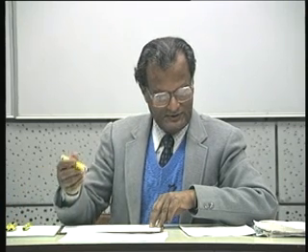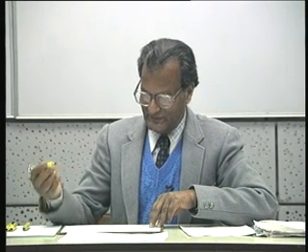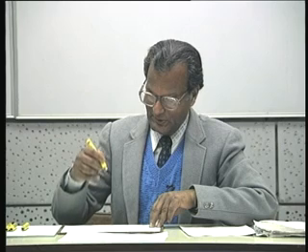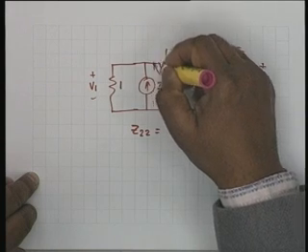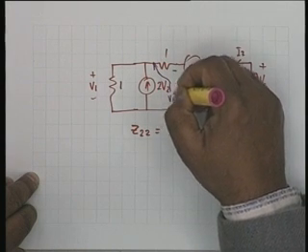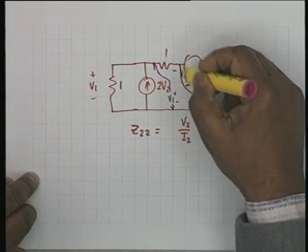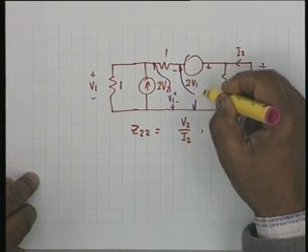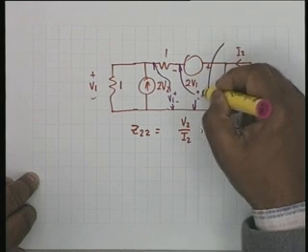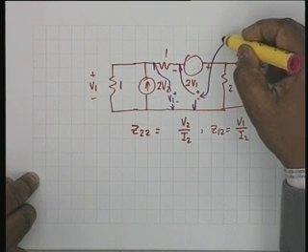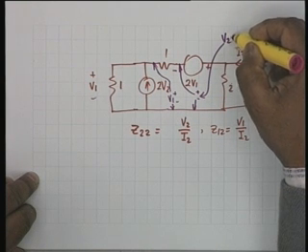Now, to find I2, let us see what these voltages are. This voltage is V1, this voltage is V1, and this voltage, as we found out earlier, is V2 minus 2V1.